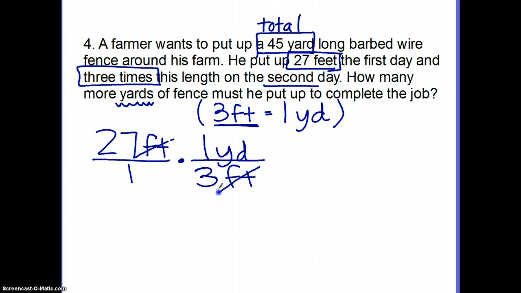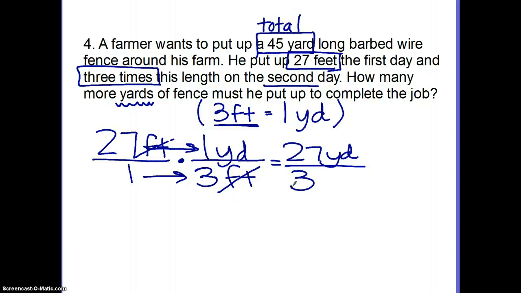Feet divided by feet cancel out, and we're going to multiply straight across. So 27 times 1 is 27. I keep the yards because those did not cancel out, and 1 times 3 is 3. So 27 yards over 3, 27 over 3 divided out would give you 9. So we've got 9 yards.